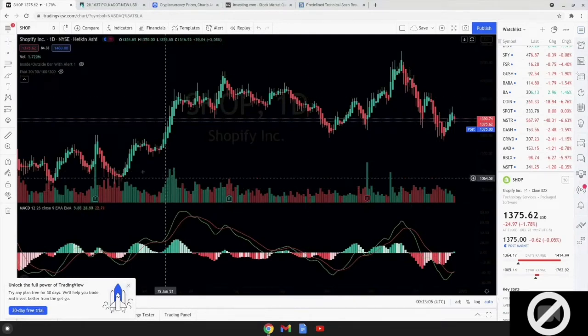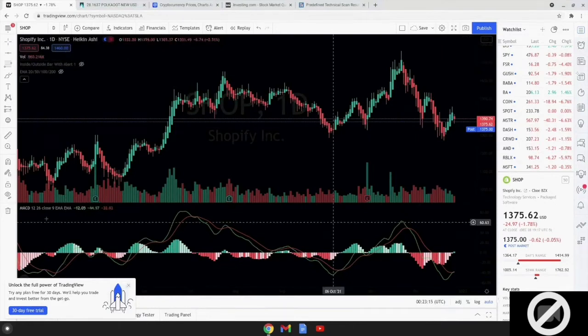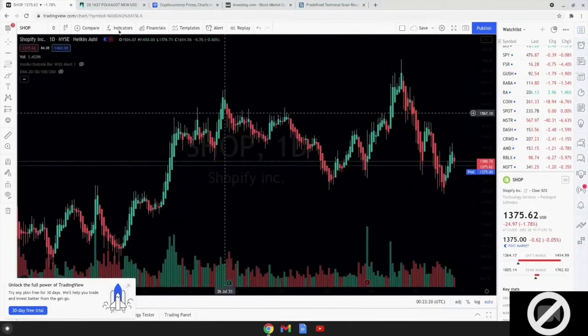When it comes to another indicator, I'm going to take the MACD off and just show you the RSI, just so you see it. So that's the MACD. It's a really good indicator a lot of people use.